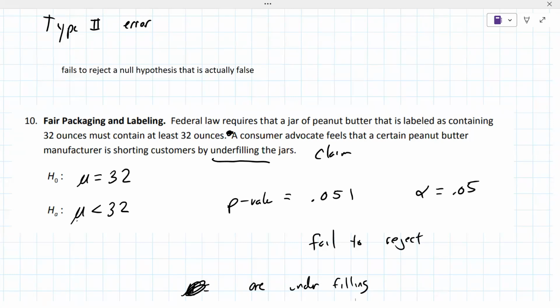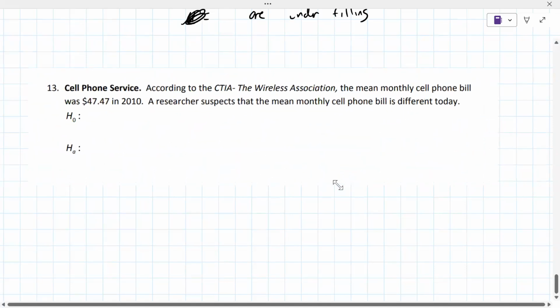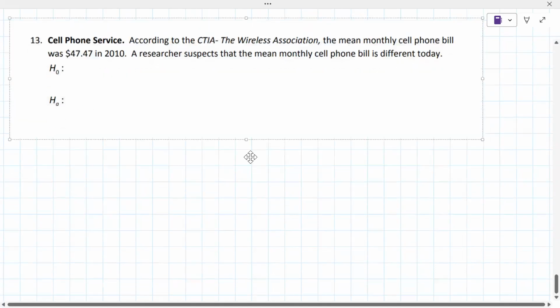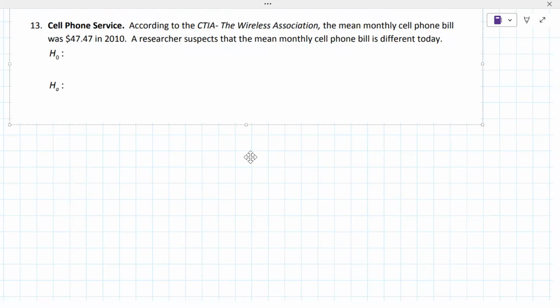So let's look at another problem here. I'd like you to write the null and alternative hypothesis for this one, please.